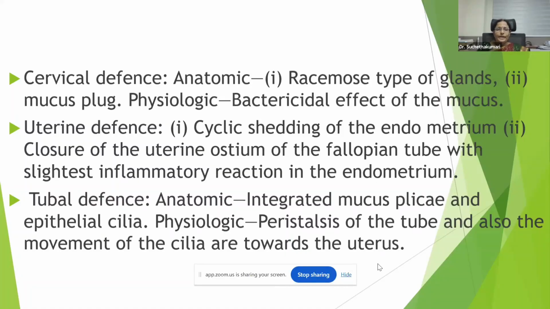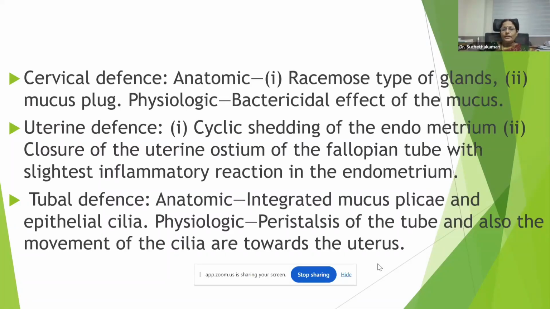Next, coming to the uterine defense, there is the cyclic shedding of the endometrium. During the periods, the functional layer of the endometrium will be shed off. Along with this endometrium, any microorganisms which are present or which have entered into the uterus also will be shed off.